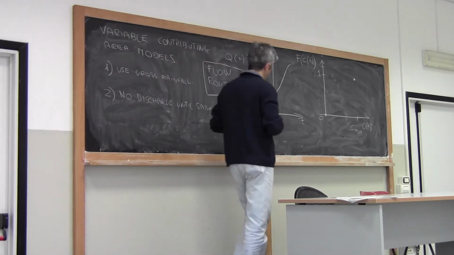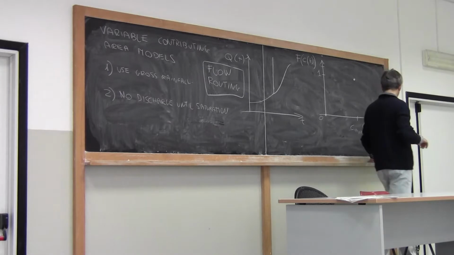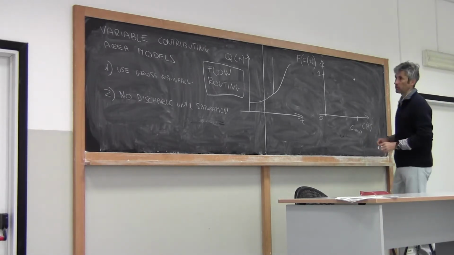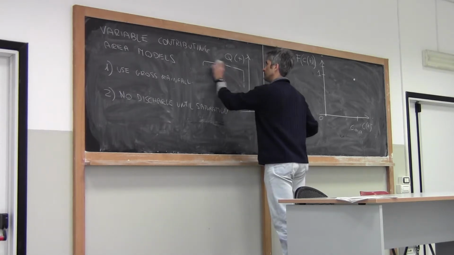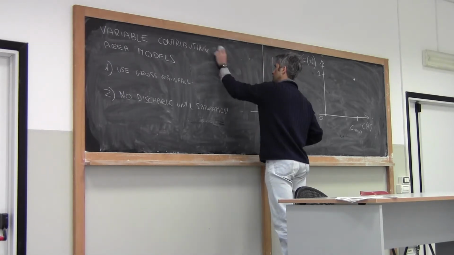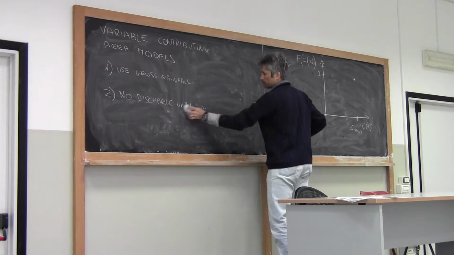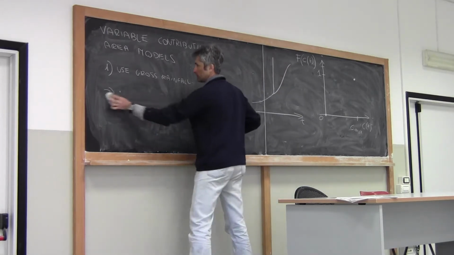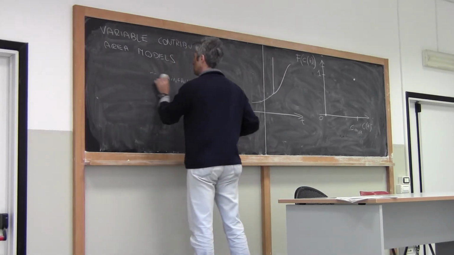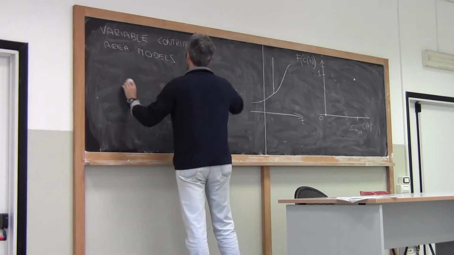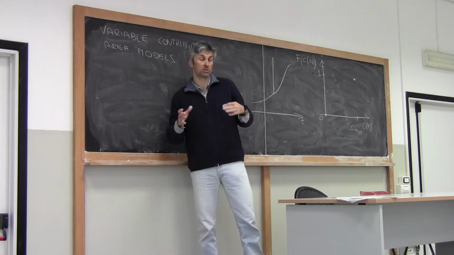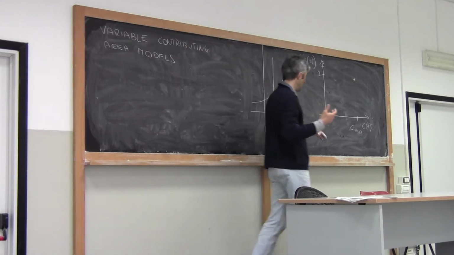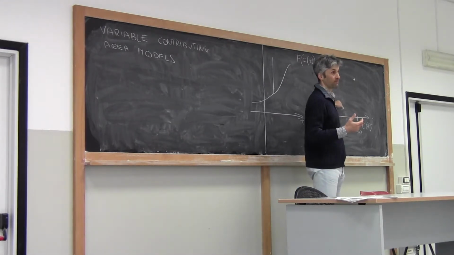But let me now introduce the model I'm talking about. Now I am passing from the general class of the variable contributing area models to a specific model, because, of course, models differ for the shape of this relationship.